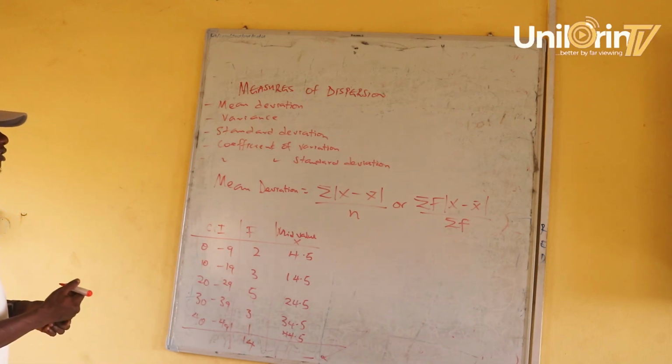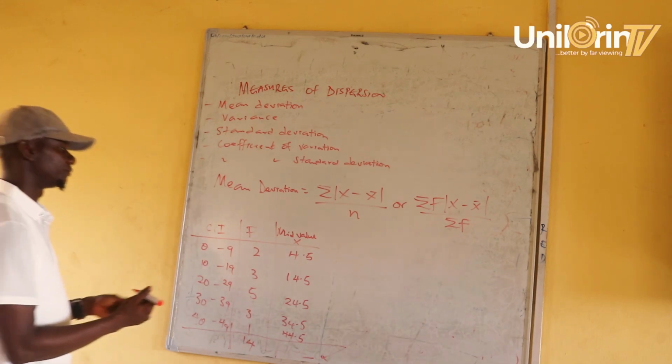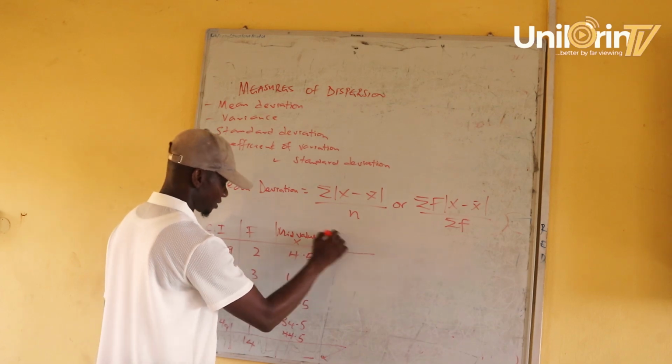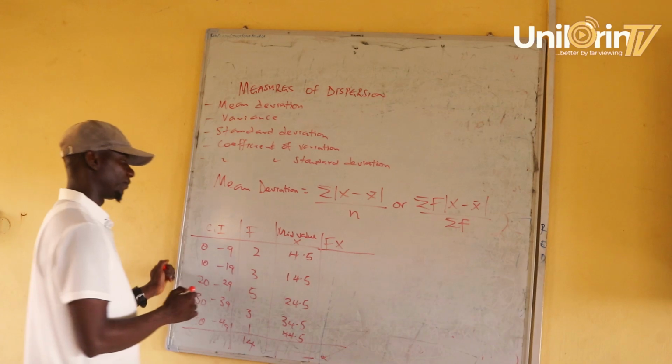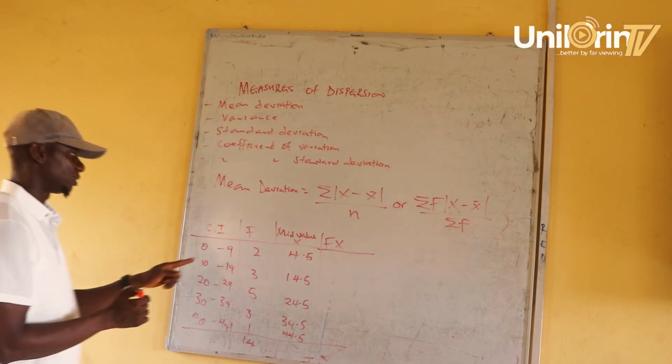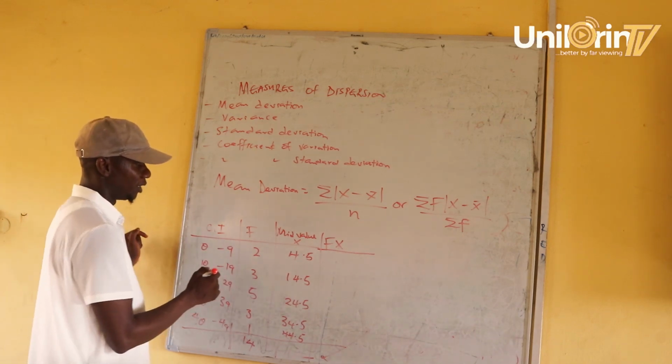So if you need the mean deviation, what you need to obtain first is the mean. So you need fx, multiply frequency by each of the mid values.